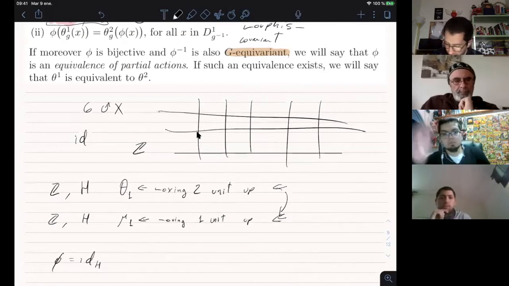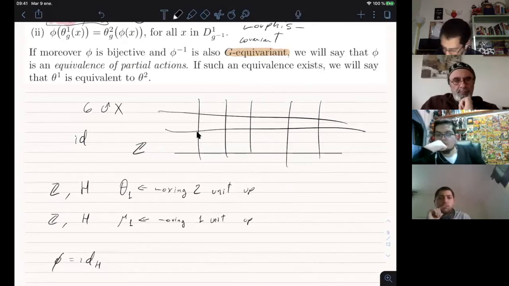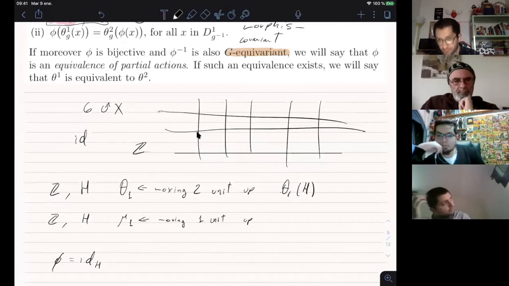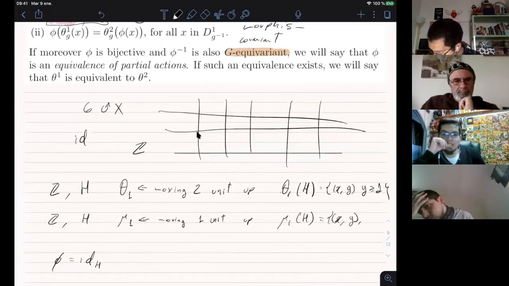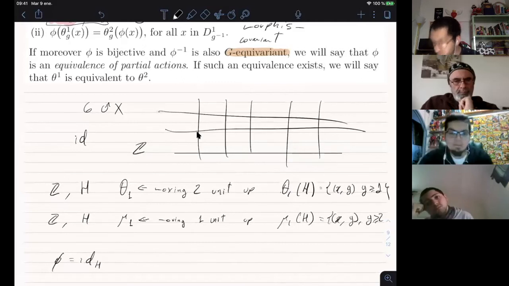For example, the image of the whole space: the domain of theta_1 is the whole space, so this is going to be the whole space moved 1 centimeter up. And mu_1 of H is going to be equal to the points (x, y) where y is greater or equal to 2.